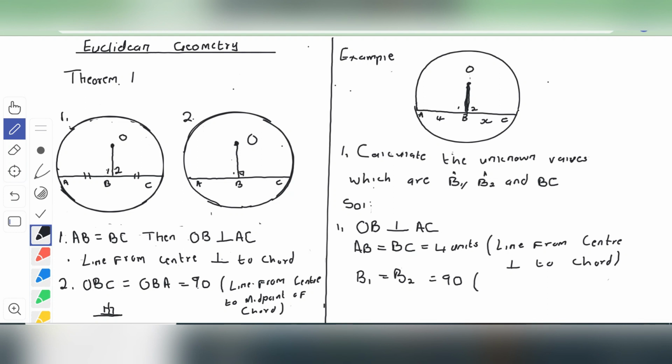What is the reason? The reason is line from the center to the midpoint of a chord.